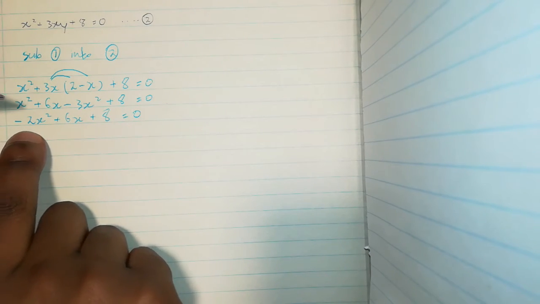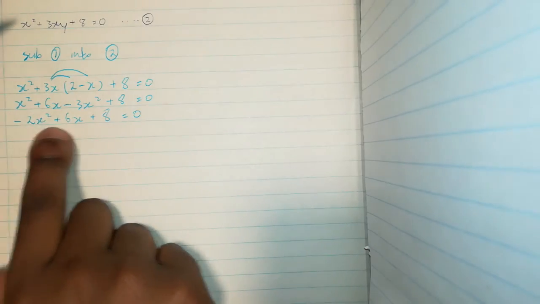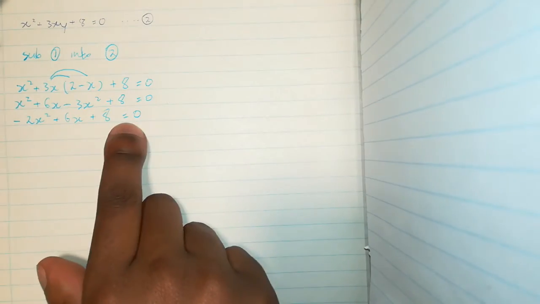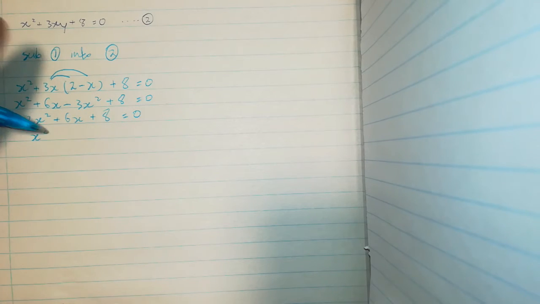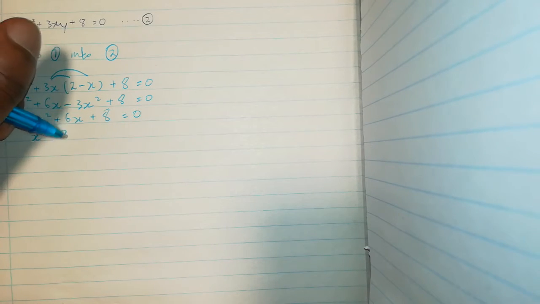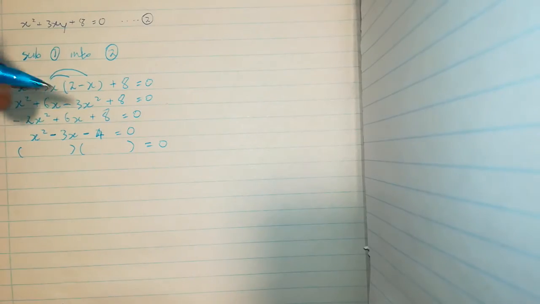Here in this equation there is a common factor, which is 2, so you divide all of them by the common factor, which is negative 2. x squared minus 3x minus 4 is equal to 0. What I did here, I just divided everything by 2, and now it's a simple quadratic equation that you can be happy to solve.